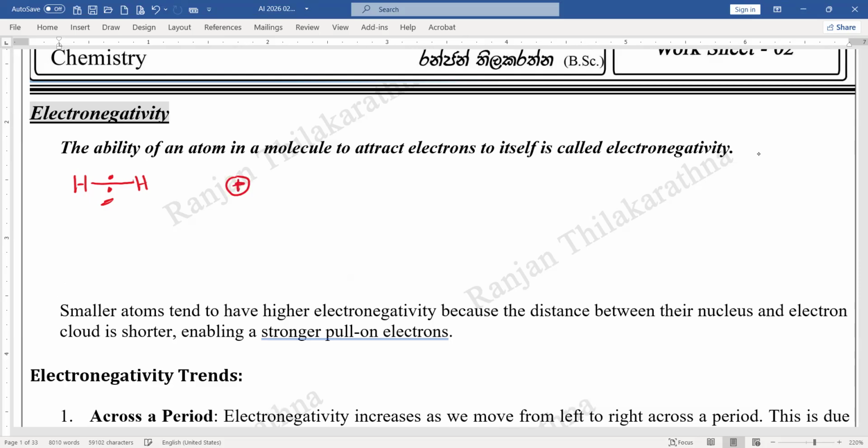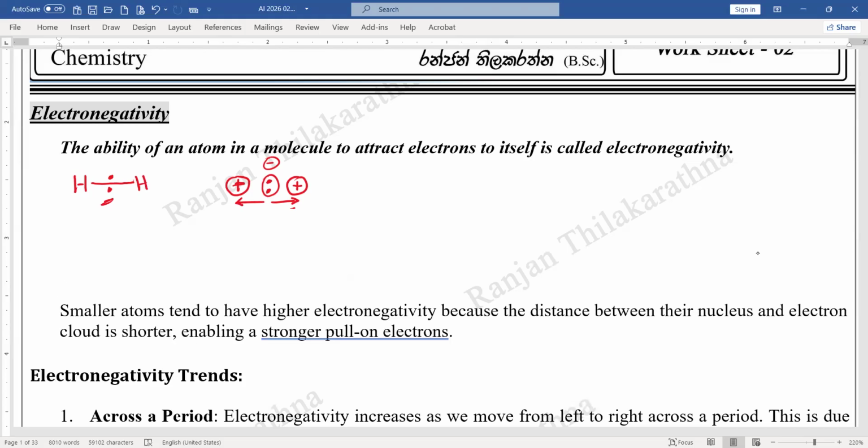Positive nucleus of hydrogen, another positive nucleus of hydrogen, and we have two electrons in between these two positive nuclei. This is positive, electrons are negative. Therefore, this pair of electrons will be attracted by this positively charged nucleus of hydrogen and also by this nucleus.